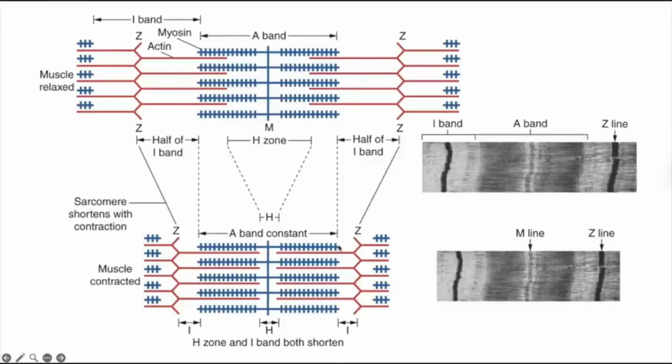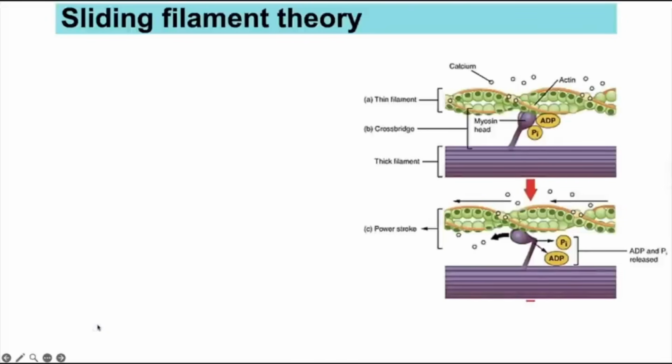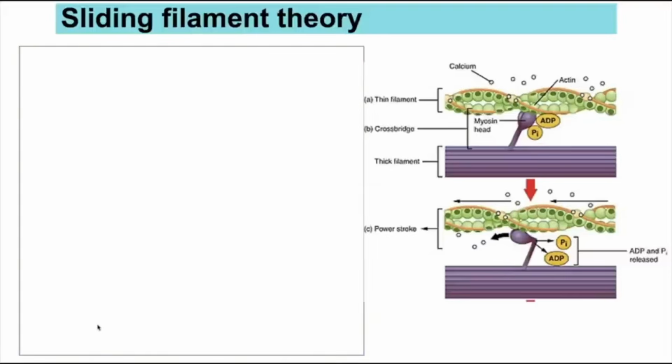Myosin doesn't change in length. The M line will always stay in the same position as well, but the Z lines move closer together. So that's something you need to know as well, those different bands and what happens to them when a muscle contracts. The sliding filament theory explains why you have the actin sliding over the myosin.